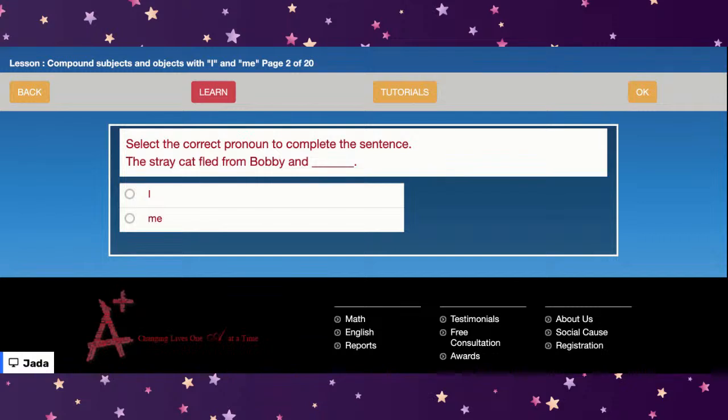What's the right answer for page 2? Next one, everybody. What's the suitable answer? Bobby and me, or Bobby and I? The stray cat fled from me.